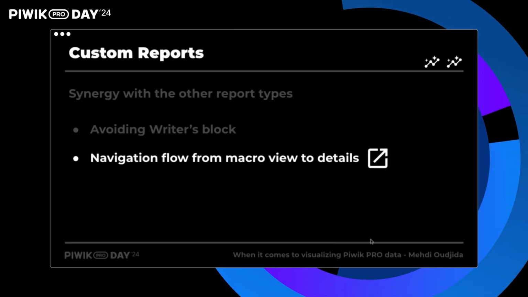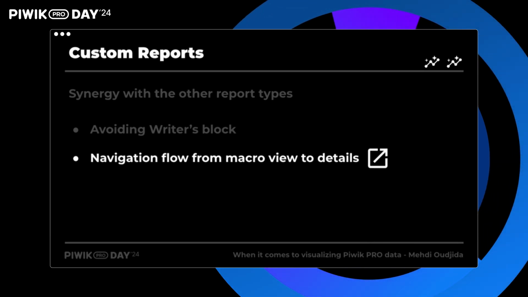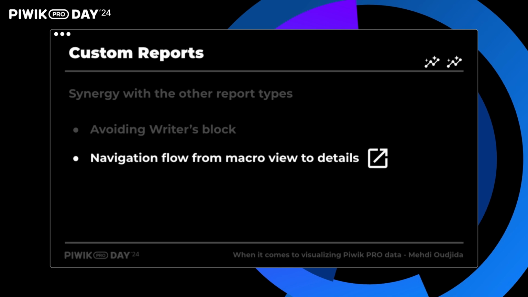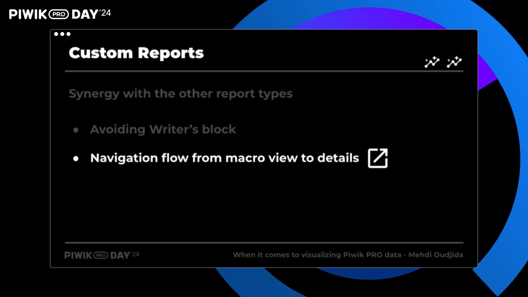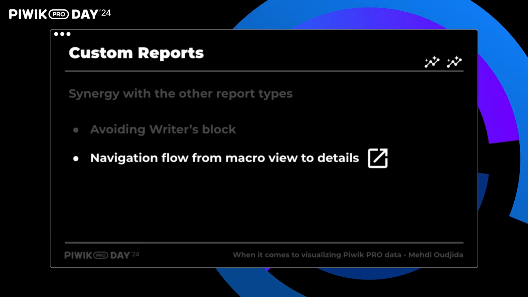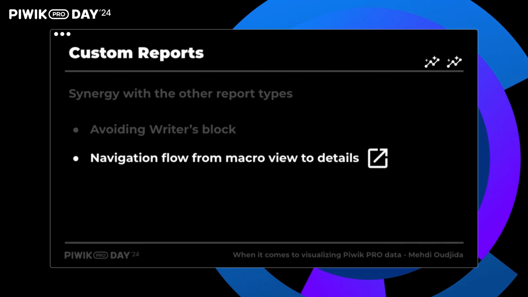The second example of synergy is about the navigation. So before jumping into a custom report, we usually have a first overview of the current situation in terms of digital performance.